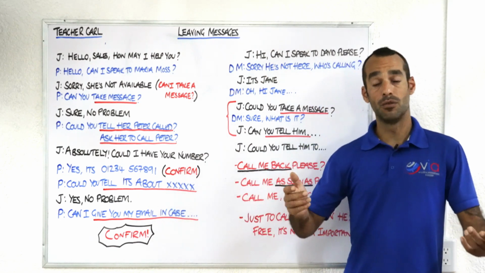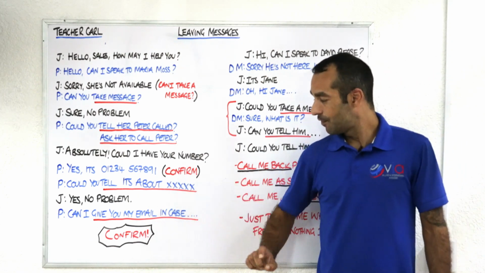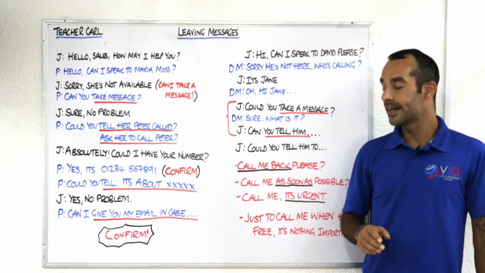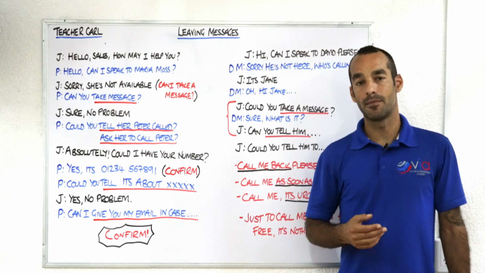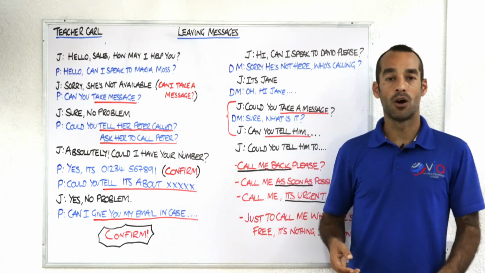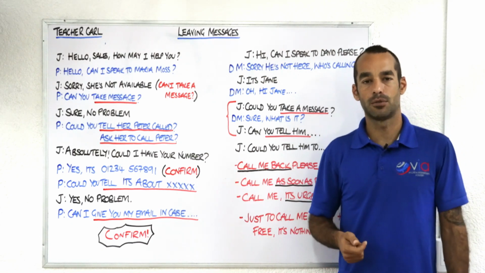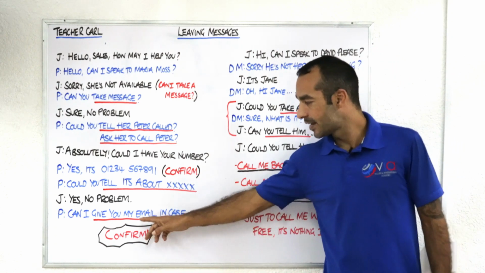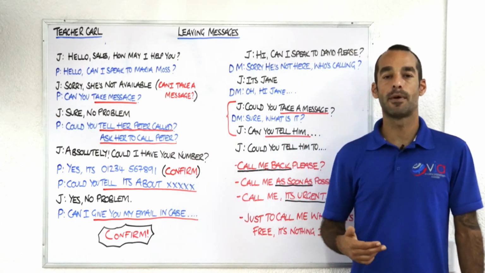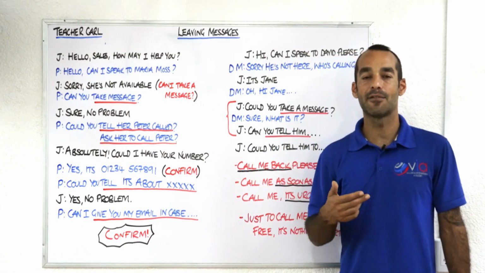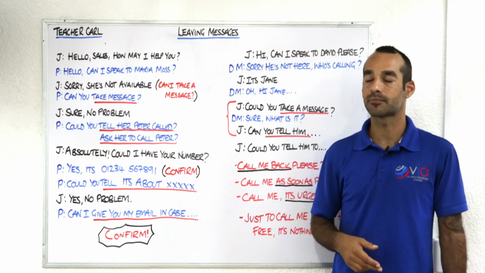Hopefully she says no problem. And finally, you might think it's a good idea to leave your email, just in case you might be in a meeting, you might be out on a boat, or you just might not be able to take the call. And again, when leaving your email address, it's a good idea to get confirmation from the listener that they have the details correct.